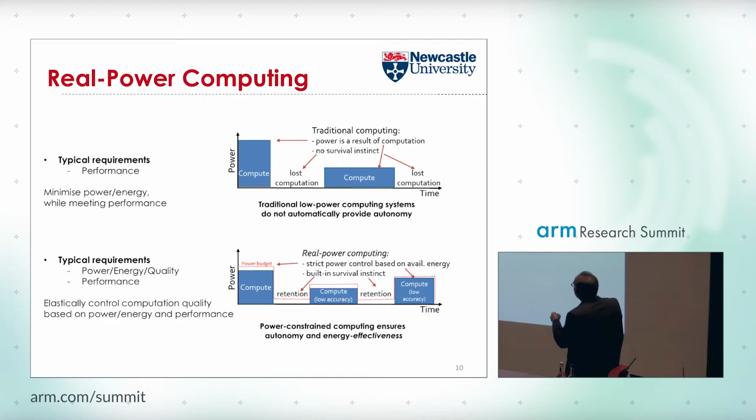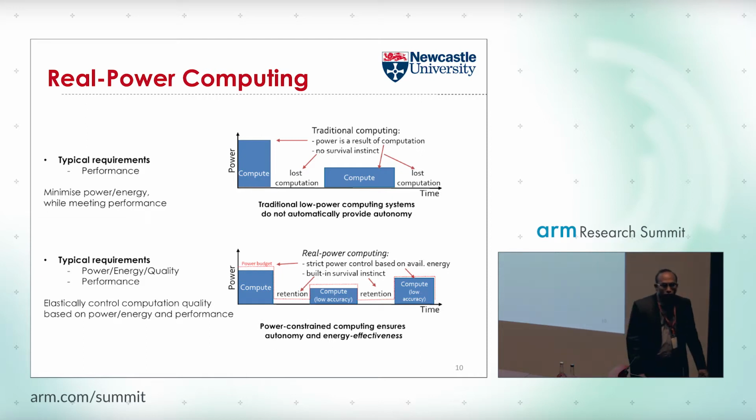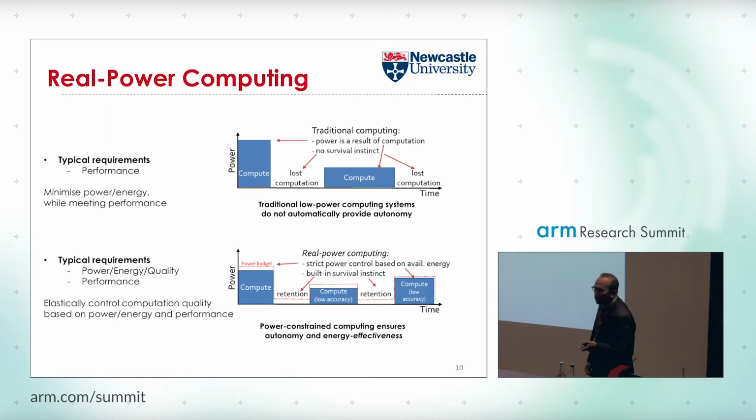Now, if I did replace the battery by simply an energy scavenging source, chances are there will be times when there will be no power at all. And that would mean that the system will completely lose the computation forever. So you have to really restart whatever it is you are doing, again, to start doing some sort of meaningful computation. That's not nice. And also, at the same time, there is no notion of controlling incoming power to the computation capability, right?